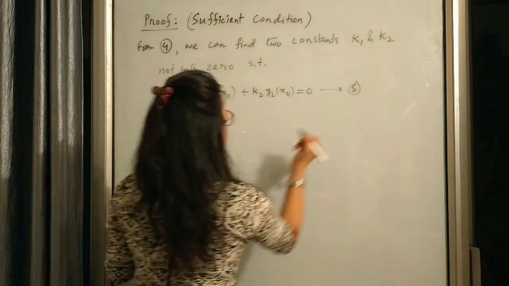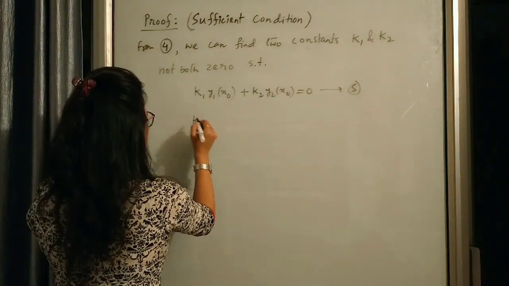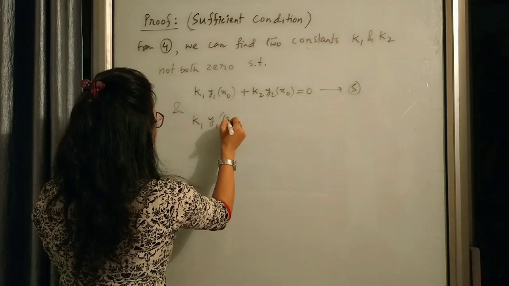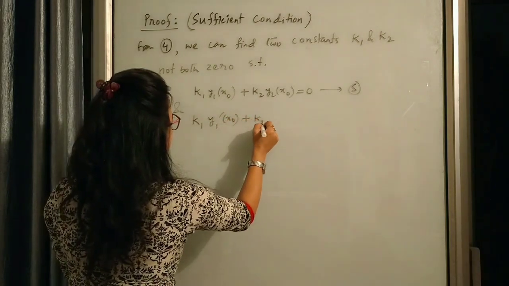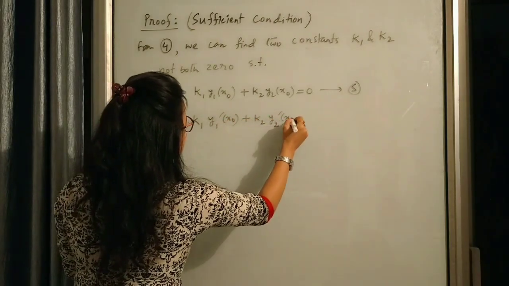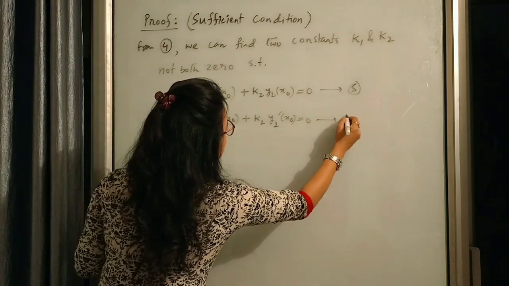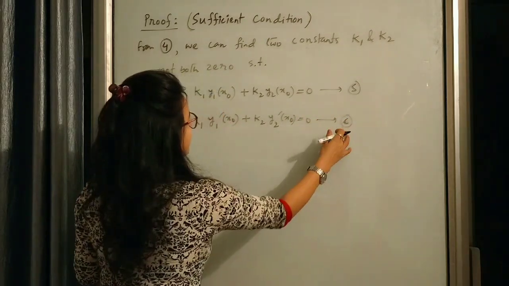Let's take it as number 5. And k1 y1'(x0) plus k2 y2'(x0) is equal to 0. Say equation number 6.